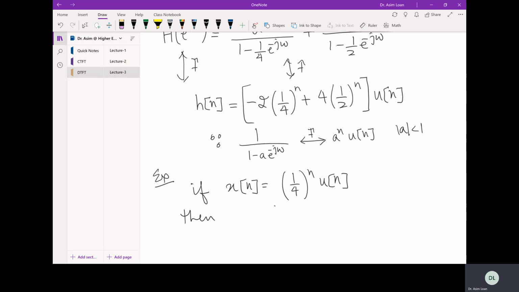Then find y of n for the previous system.